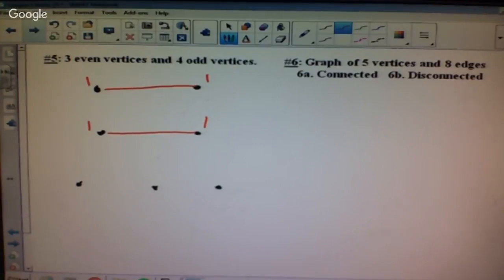If a single edge makes my dots an odd degree, what does a multiple edge do? It makes it even. So when I come down to these points, I draw multiple edges. And then I draw some more multiple edges. So this gives me a degree of 2, 4, and 2. So now I've got 3 that are even and 4 that are odd.